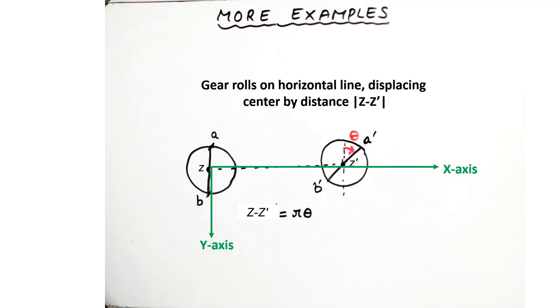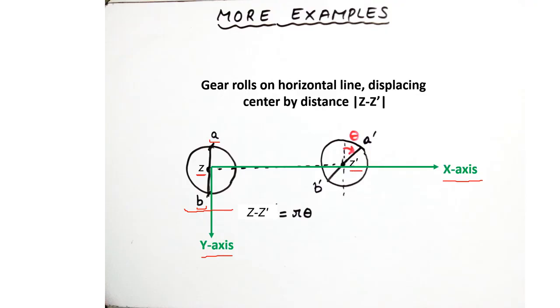So we define and explicitly write the global axis of the system, so x-axis and y-axis. In order to understand the length of the arc along which the planet gear A was moving, we first note that the planet gear A in its initial pose has a vertical line describing its initial pose, AB, with the center at Z. It moves from Z to Z prime.